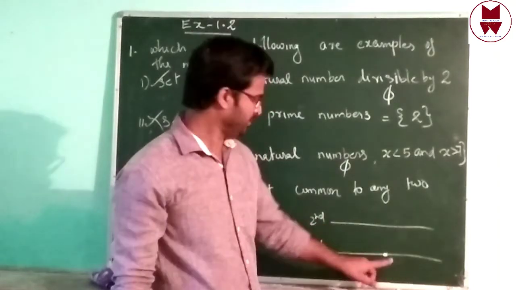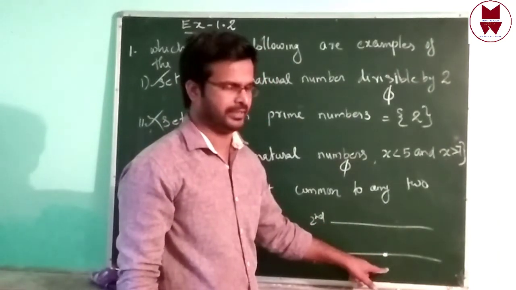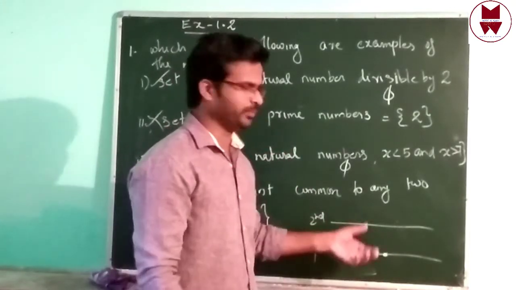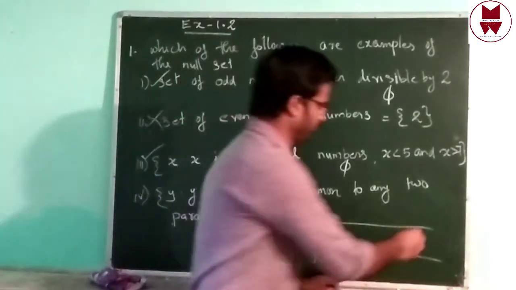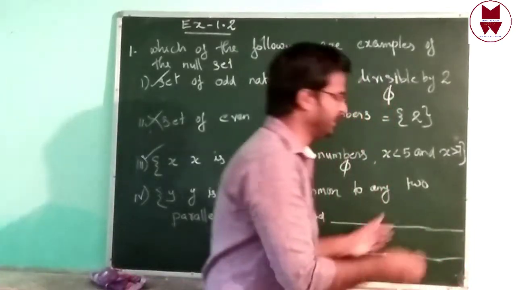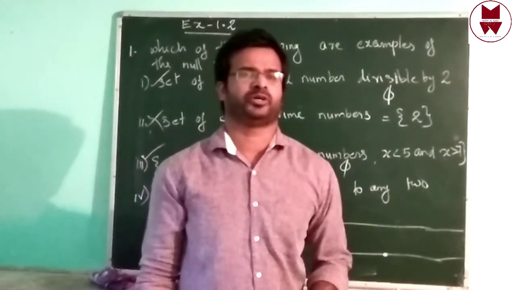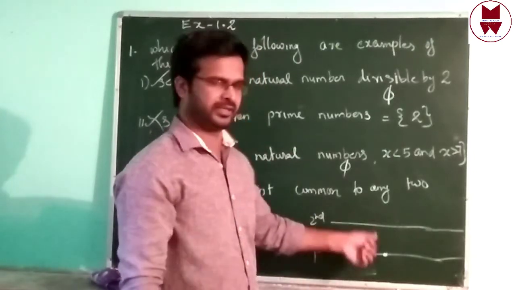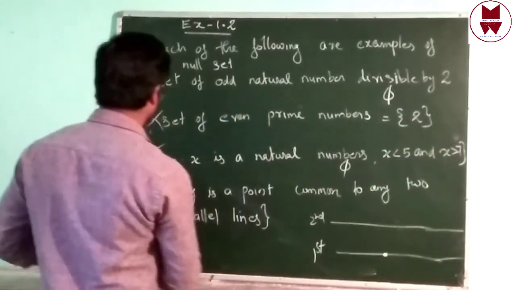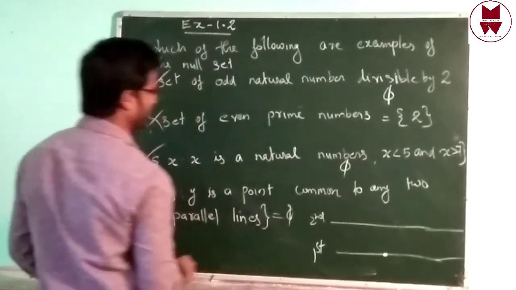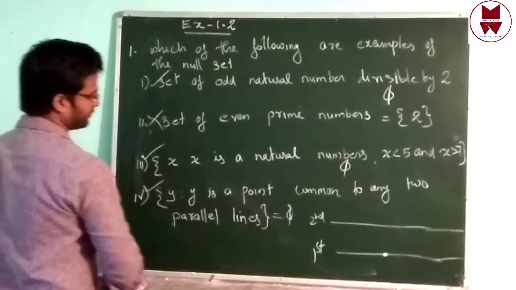There is a point on the first line, but that is not common. We need one common point on two parallel lines. Can you find it? They will always go parallel. They will not join each other, isn't it? That means we cannot find any common point from here. That's why Roman number 4 is an example for an empty set.